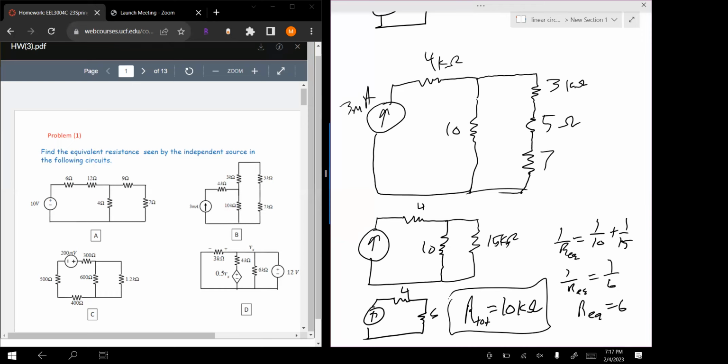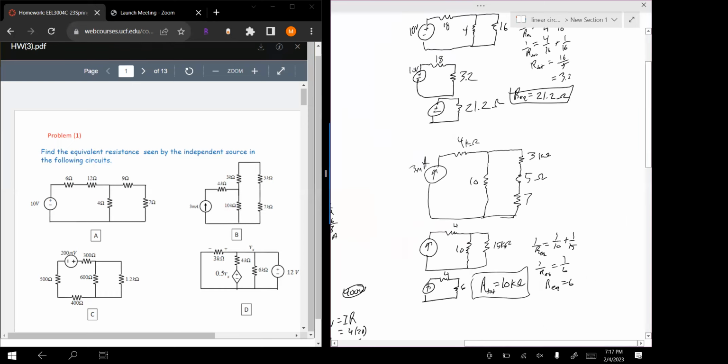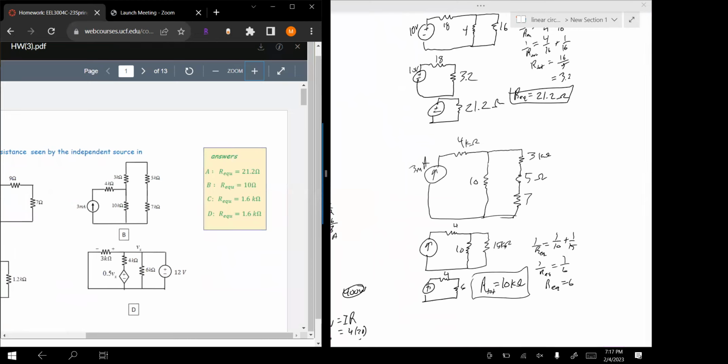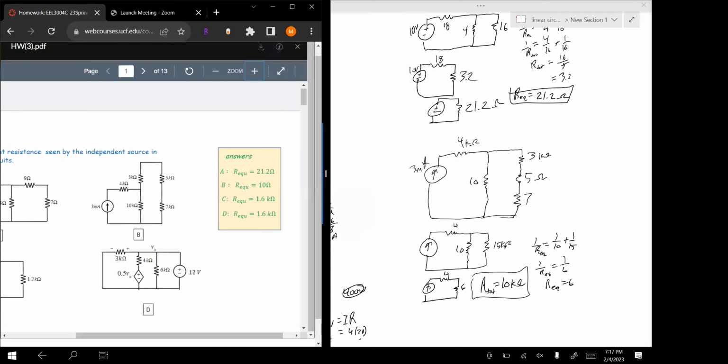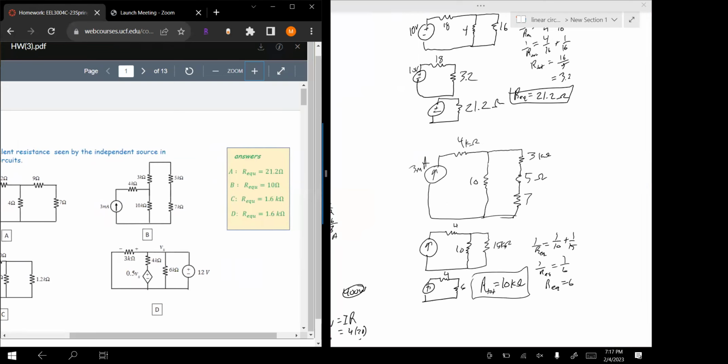Okay. We're going to check both of these answers. So let's just do it now. Let's see. So we got 21.2 and we got 10. Boom. There we go. Let's see. Her notation is wrong on that answer. Wait a minute.